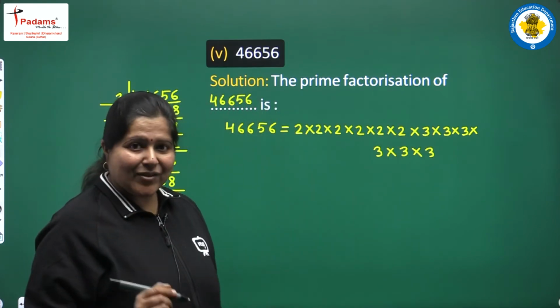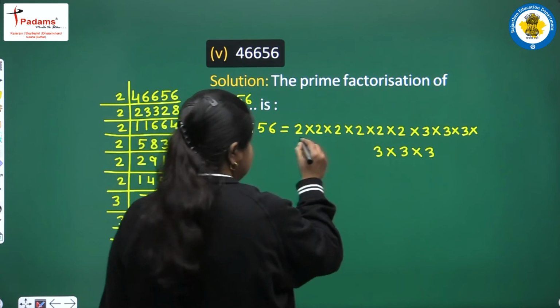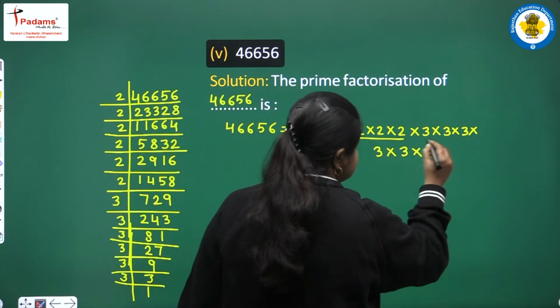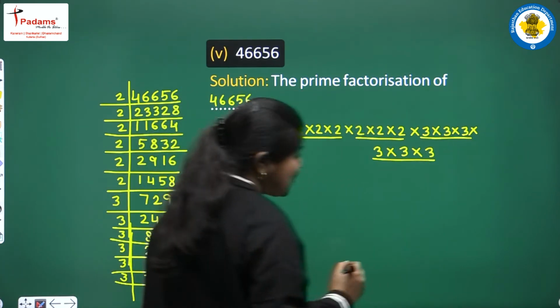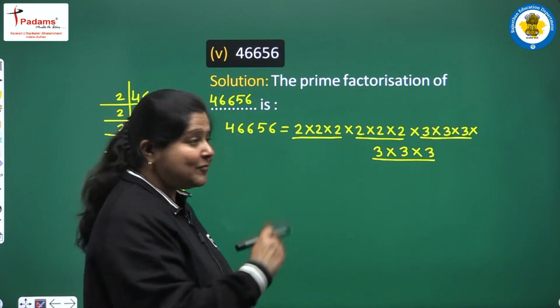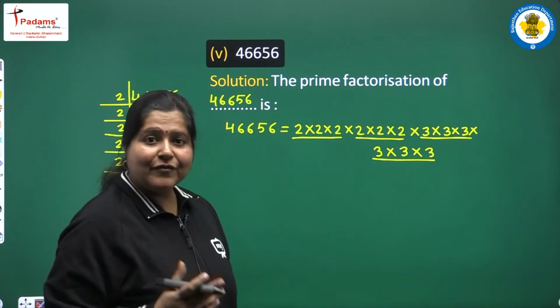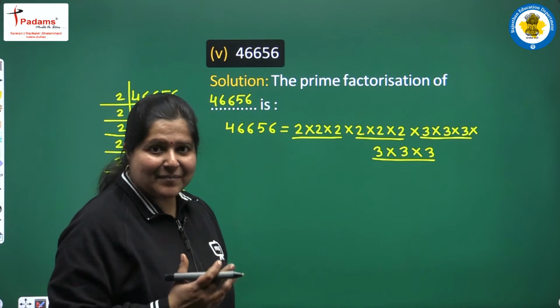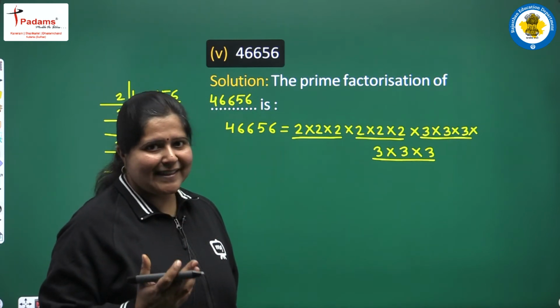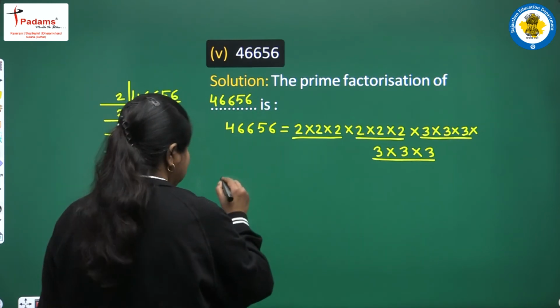So now let us try to form the triplets. This is first, second, third and fourth. So all the prime factors have been arranged in the form of triplet. And so is this number a perfect cube? Yes, it is. So let us write here.